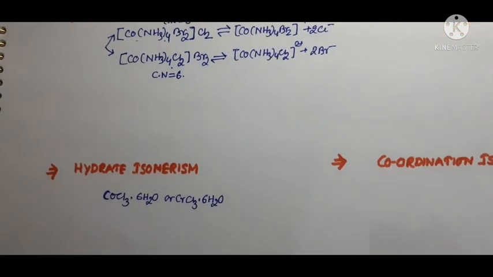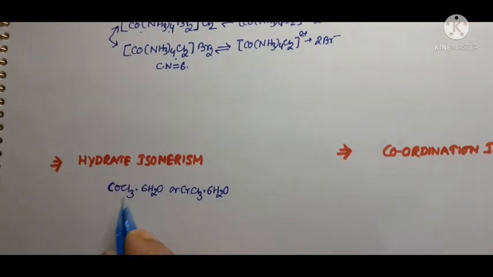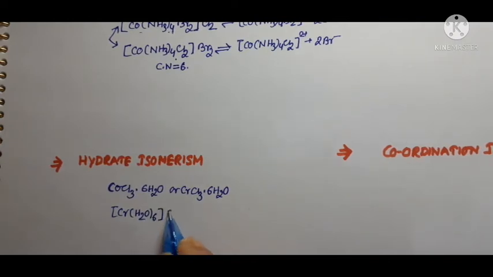This can be written like this: [Cr(H2O)6] is the coordination sphere, and this is Cl3. In the first case, we can see the 6 water molecules inside the coordination sphere, and there is no water molecule outside of the coordination sphere.